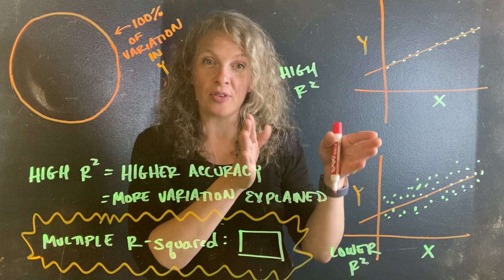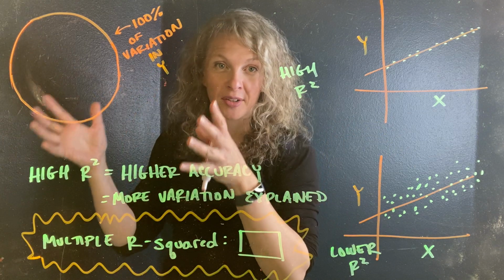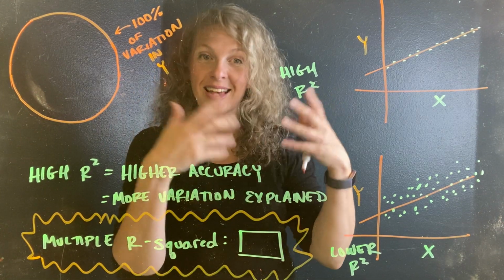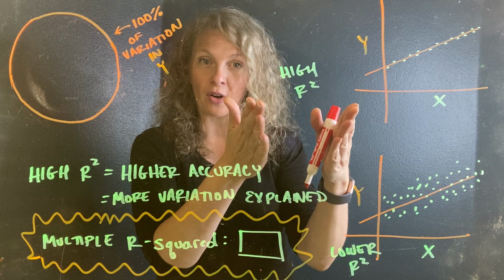You'll run one model with your X1 and one model with your X2, and you're going to see which of those two has the higher R squared, because that's going to tell you which has the bigger impact.